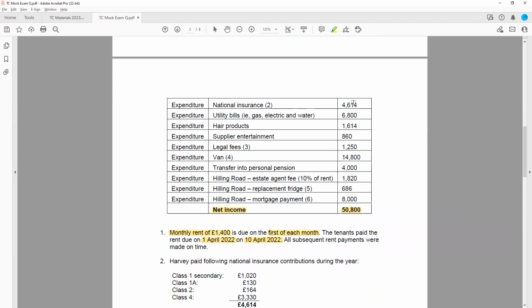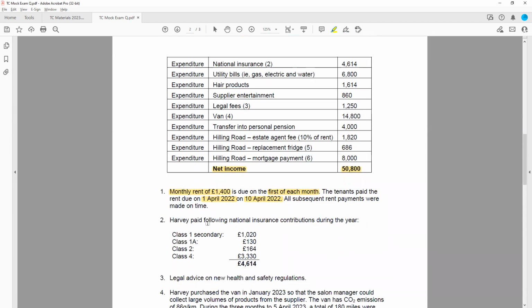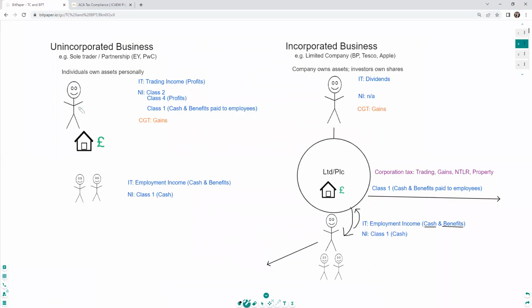So then national insurance. We've got a note here. Harvey paid the following national insurance contributions during the year: class 1 secondary and class 1A. Of course we know that in this context, Harvey's a sole trader, he's the employer. So Harvey's employee, the salon manager, and we don't know if there are any others, he'll end up paying class 1 on any cash and benefits provided to employees.